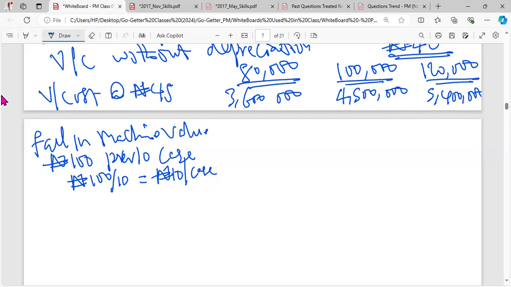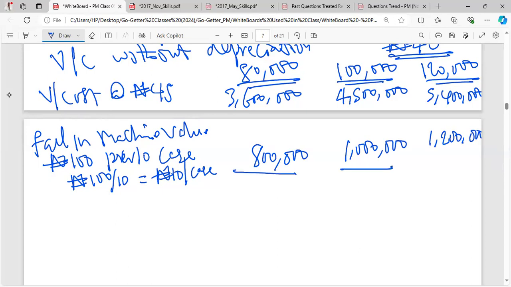All right. So 10 naira multiplied by 80,000 will give me 800,000. 10 naira multiplied by 100,000 gives me 1 million. And of course, multiplied by 120,000 will give me 1.2 million.